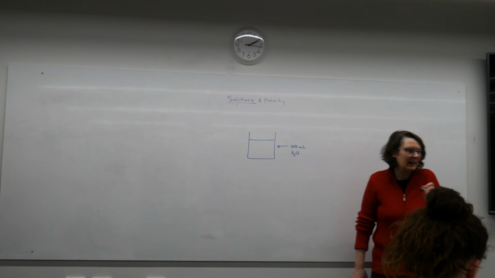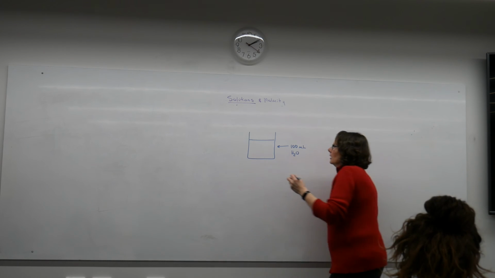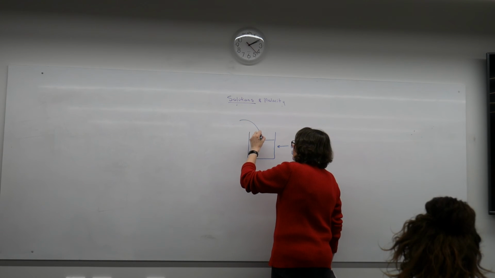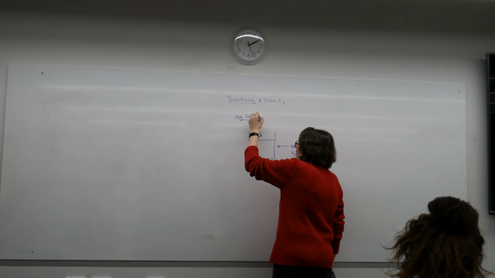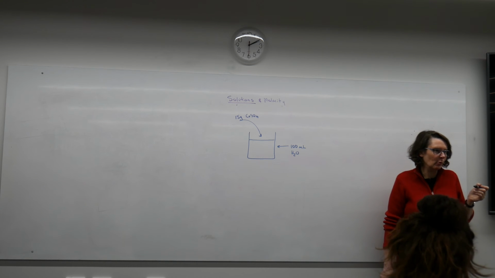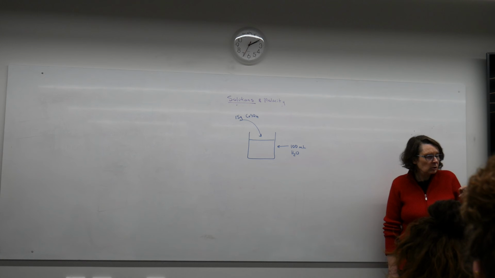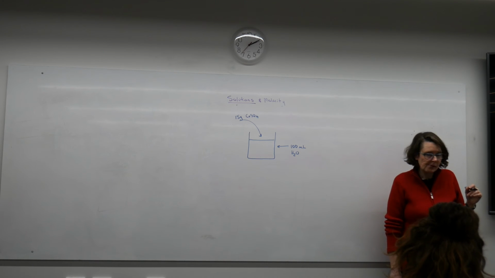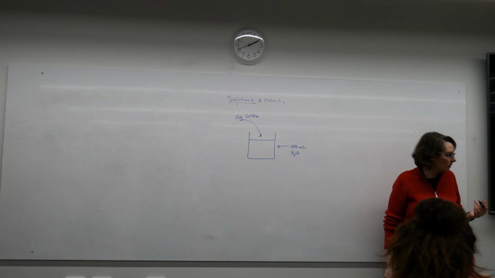Now I'm going to add 15 grams of copper sulfate. Now we all know it's going to be copper sulfate pentahydrate because that's what we have available. We're just going to call it copper sulfate. What's happened to my volume? Well, you'd think it would go up, wouldn't you?